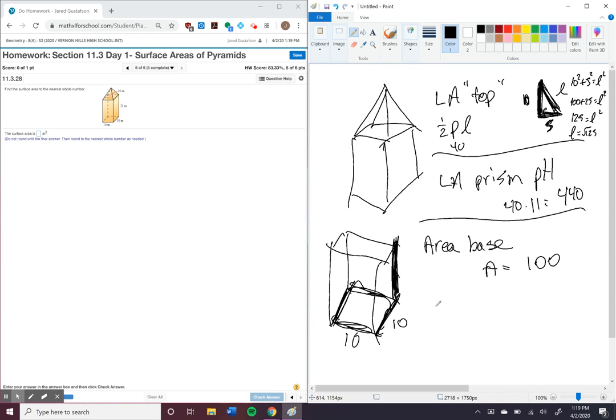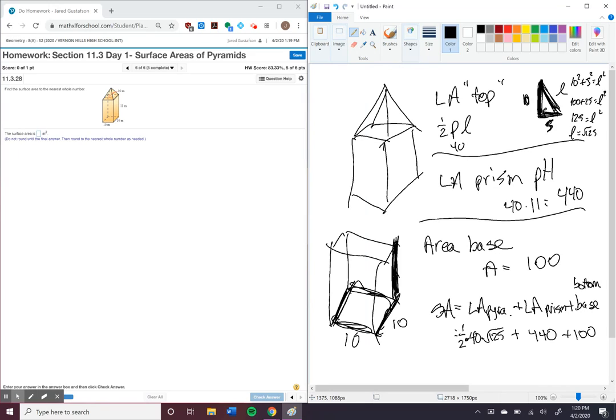So our total surface area, which is the lateral area of the pyramid, plus the lateral area of the prism, plus the bottom base, it's going to look like this. 1/2 times 40 times the square root of 125 plus 440 plus 100.